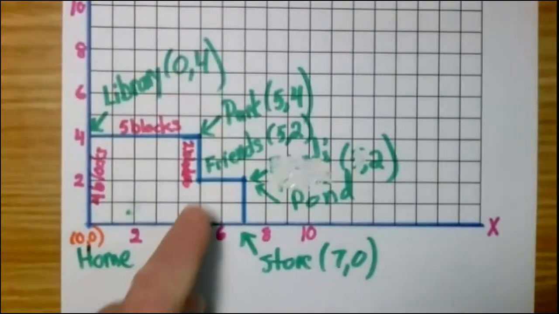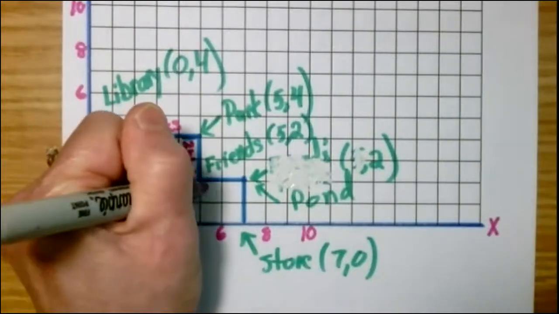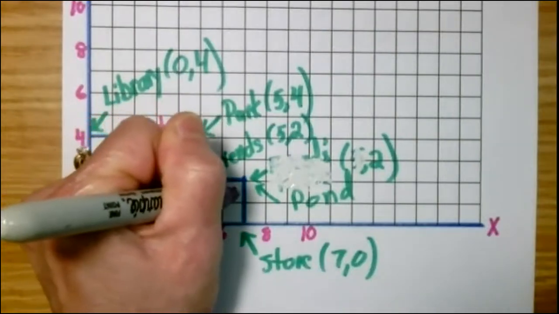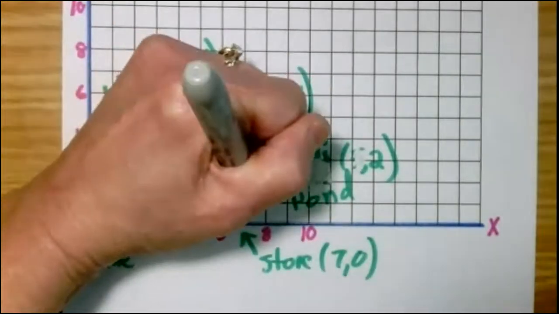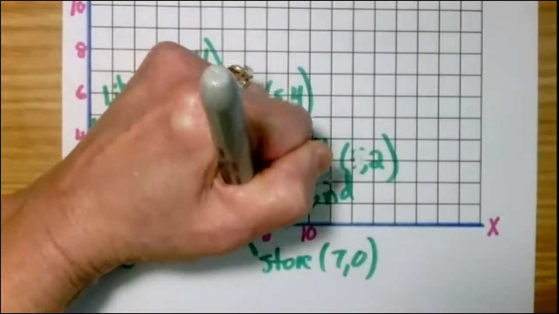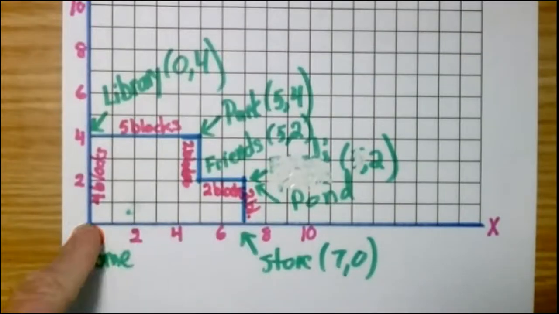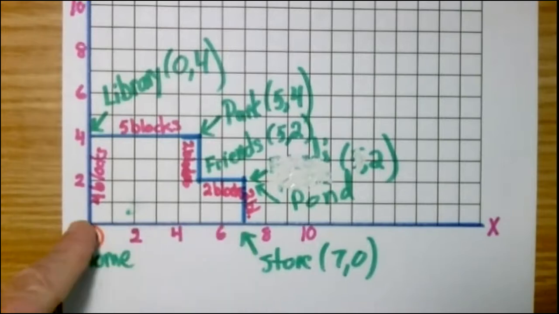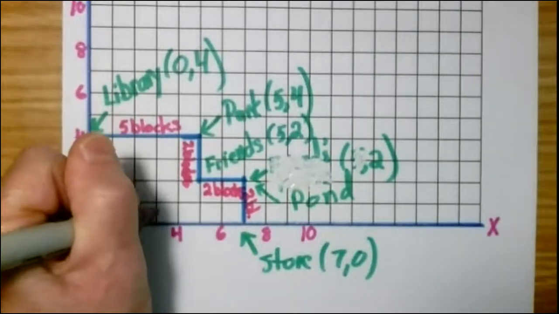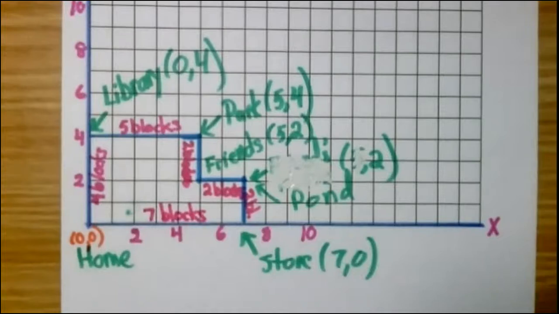Hope you can see that. How many units is that? 2 blocks. That one's a little messy because of my error. And from here to there is also 2 blocks. I'll abbreviate 2 BL. And then how far is it from here to here? Well, we went from 0 to 7, right? Or from 7 down to 0. 7 blocks.